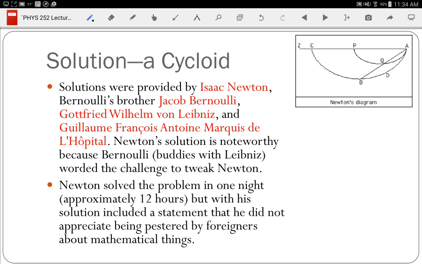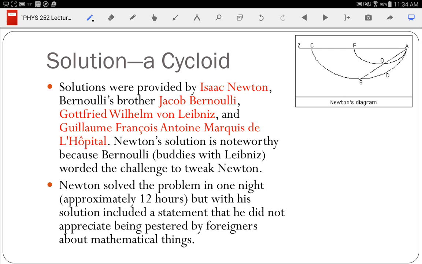Of particular note of interest to me is Newton's solution. He sat down, and 12 hours later, he provides his solution. But Bernoulli was good friends with Leibniz, and there's the whole controversy about who invented calculus.